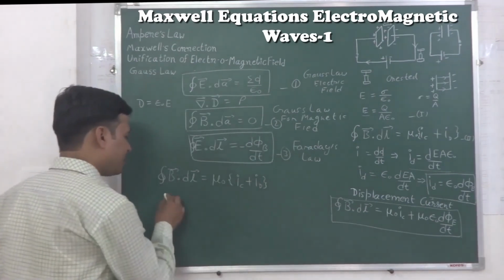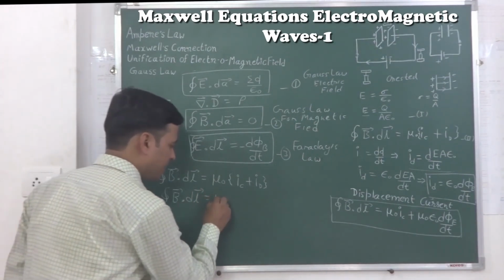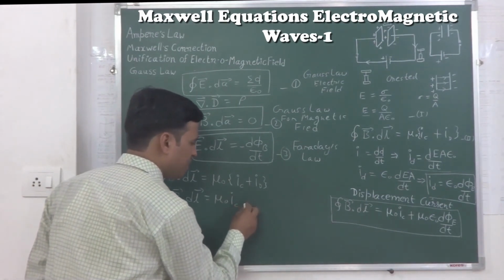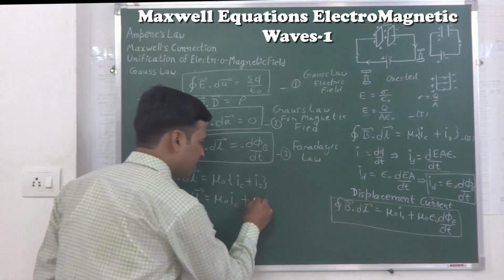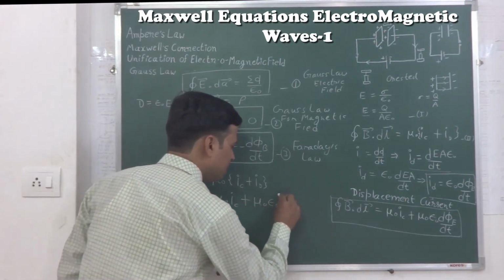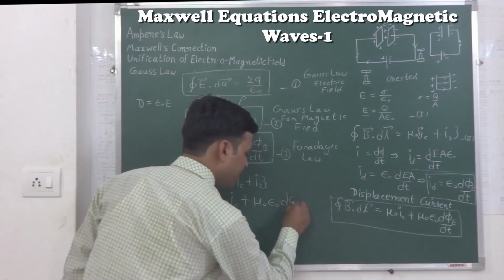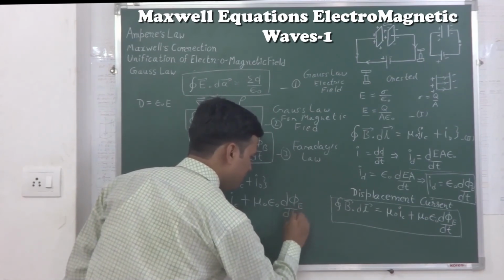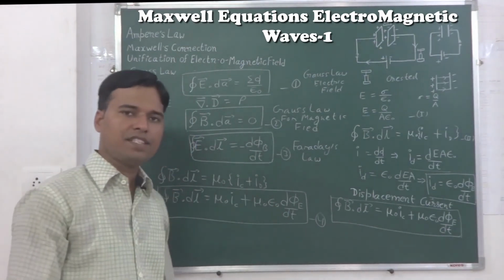When displacement current is replaced by its expression, this equation is converted into mu naught I_C plus mu naught epsilon naught times the rate of change of electric field flux with time. This is the fourth Maxwell's equation.